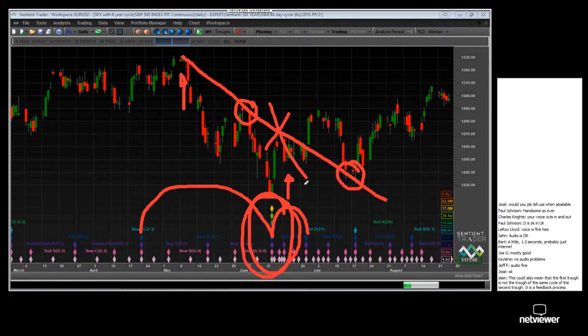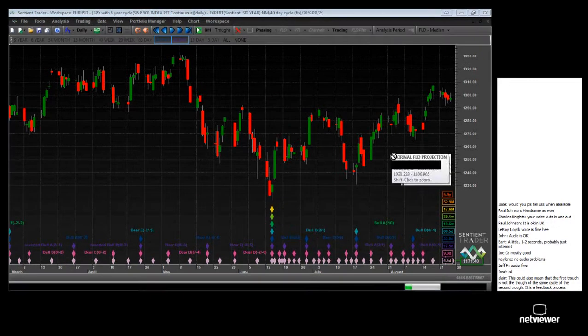Now, here you can see there is a trough of the 18-month cycle, which is longer than the 40-day cycle for which we are drawing the VTL, and therefore rule number 3 states that this is not a valid trend line. Okay, those are the 3 rules. That third rule applies only to downward pointing valid trend lines.